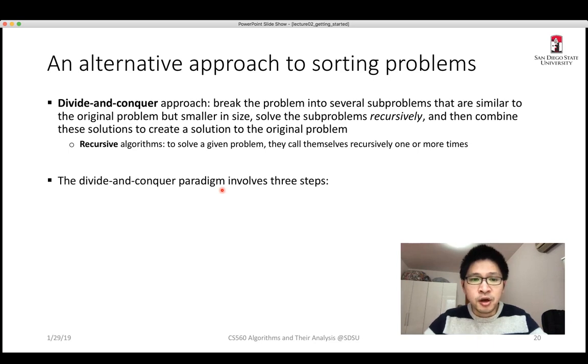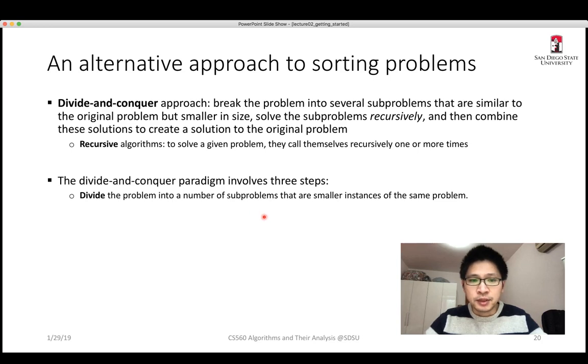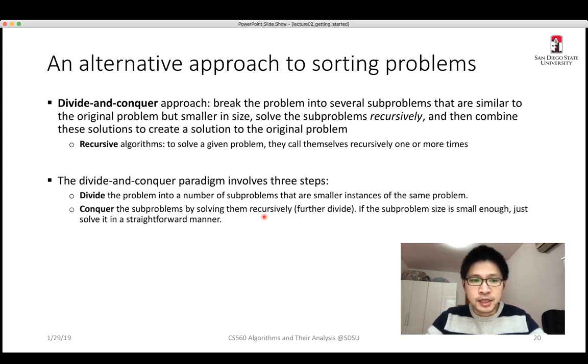Here we mentioned the recursive algorithm. The term recursive means that when we solve a problem, they call themselves one or more times. So the divide and conquer paradigm involves 3 steps. The first step is divide. We divide the problem into a number of subproblems, which are smaller instances of the same problem. The second step is to conquer the subproblems by solving them recursively.